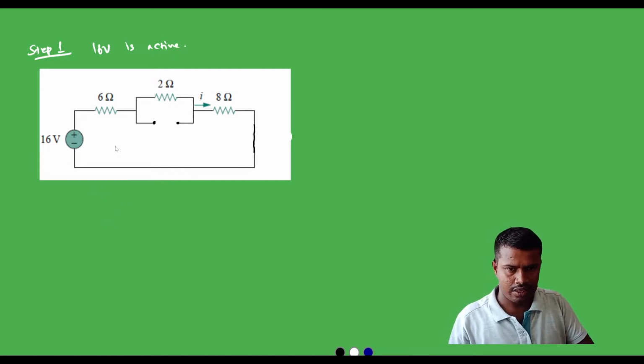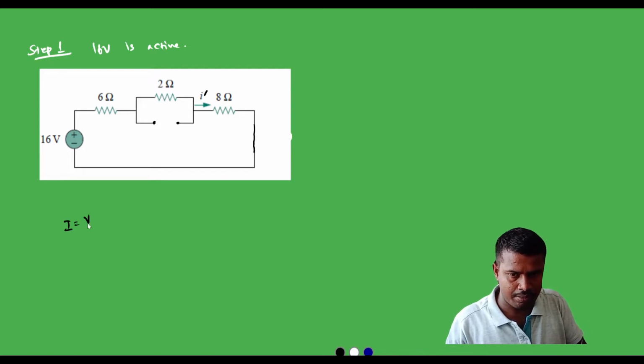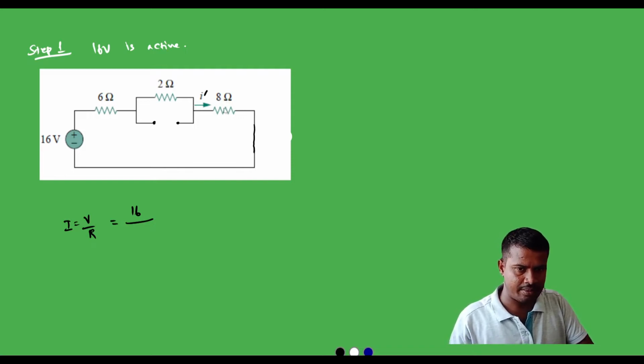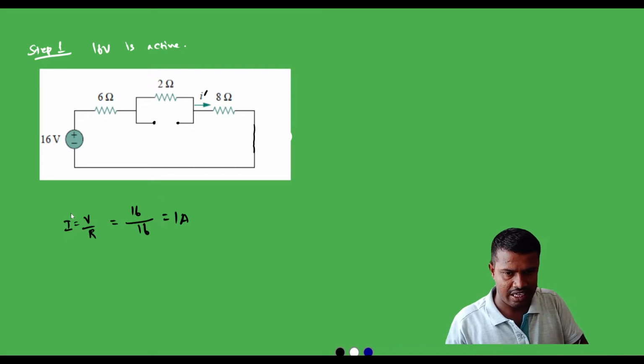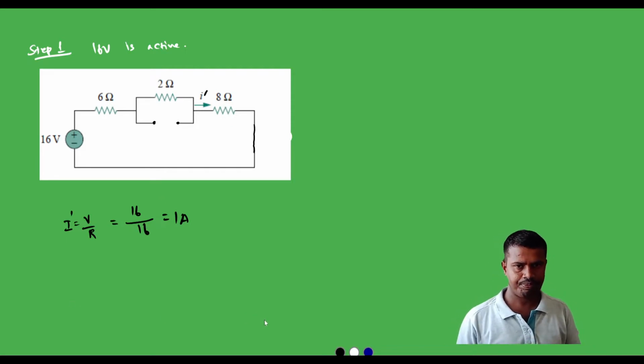In this, we need to find out the value of current as I prime. We can simply find it by I is equal to V by R, where voltage is 16 and the resistance in the circuit will be 6 plus 8 plus 8, 16, which gives 1 amp. Then I prime is equal to 1 amp.